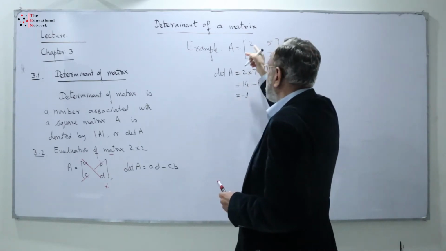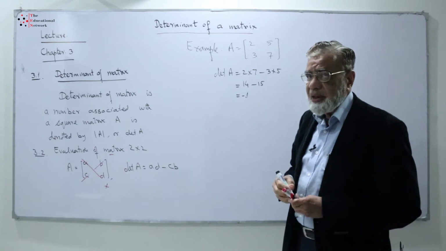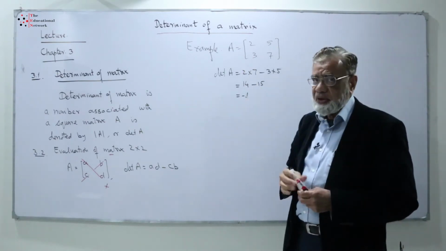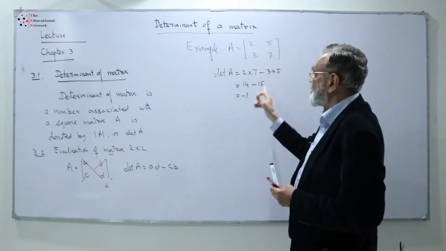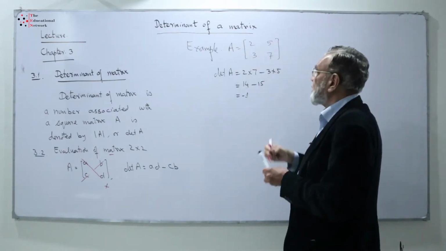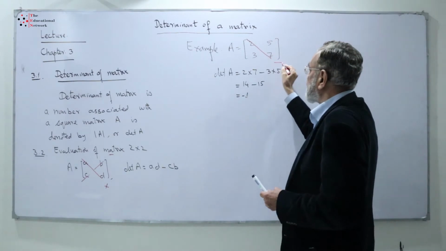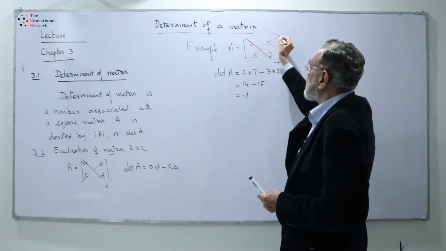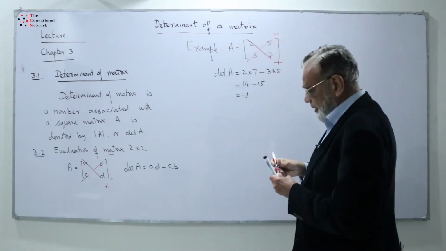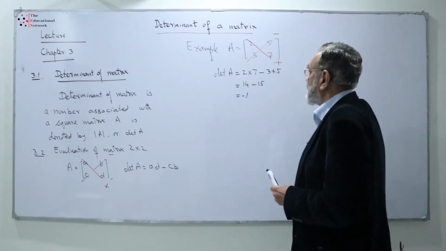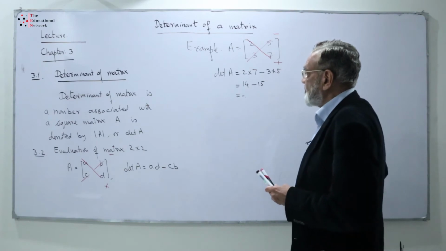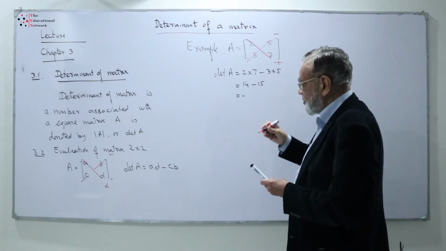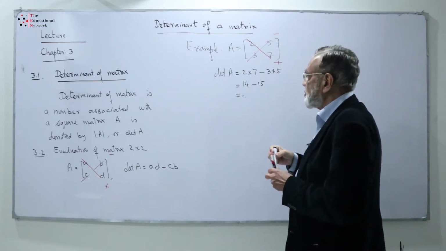When these are real numbers, then this is also a real number. When these are functions, then this becomes a function. Multiplying 2 and 7 we get a plus sign, and 3 and 5 we get a minus sign. It's very important to note this direction for plus and minus. It's very simple when we calculate the determinant of a 2 by 2 matrix.